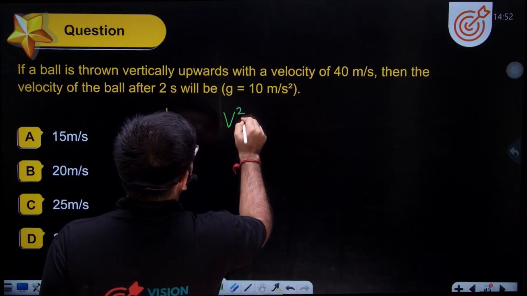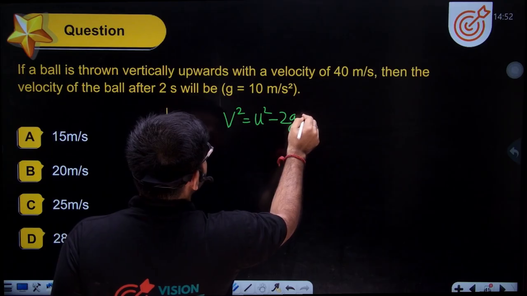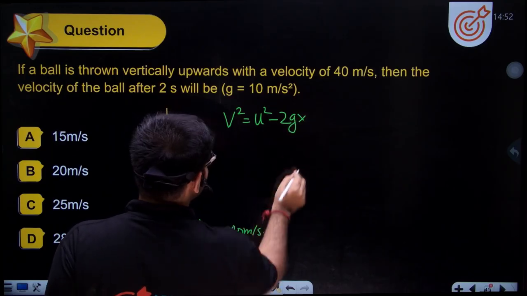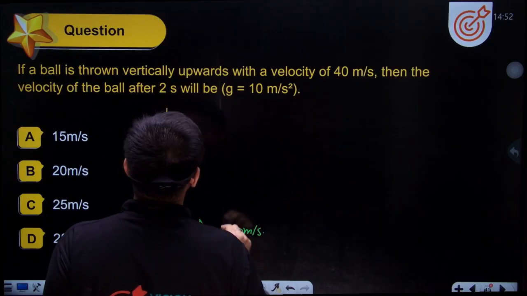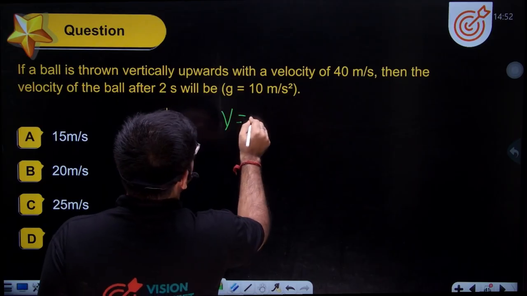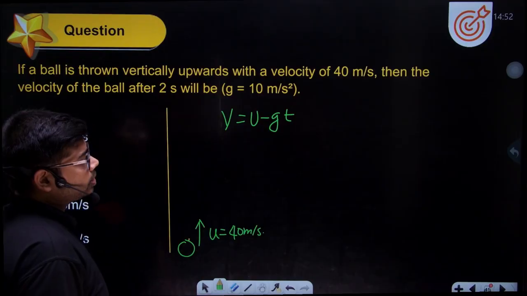So you just use this formula, v square is equal to u square minus 2gs. Or you can also use this formula, v is equal to u plus at, after 2 seconds. Yes, v is equal to u minus gt, you use it, that will be it.